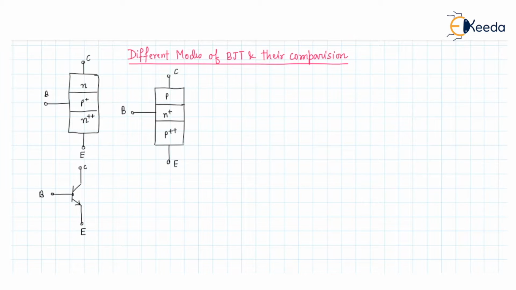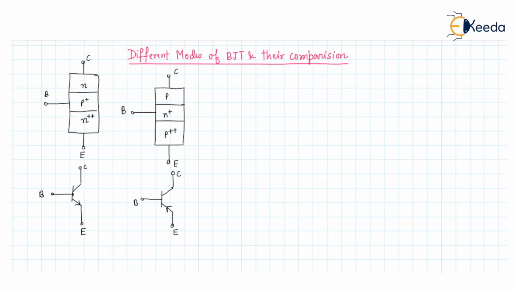Similarly, this block diagram can also be represented in a circuit in the following manner. There will be an arrow in the inward direction. This is my emitter terminal, this is the collector terminal, and this will be the base terminal. So this is the circuit representation of PNP and NPN transistors.